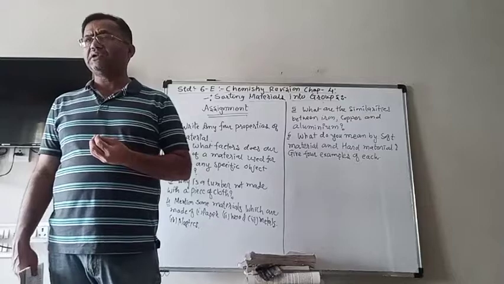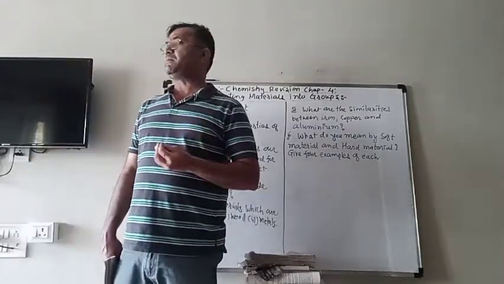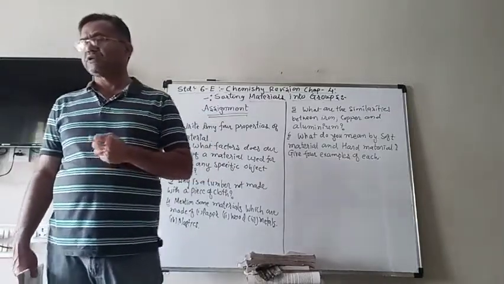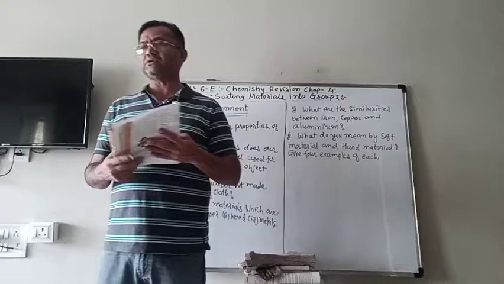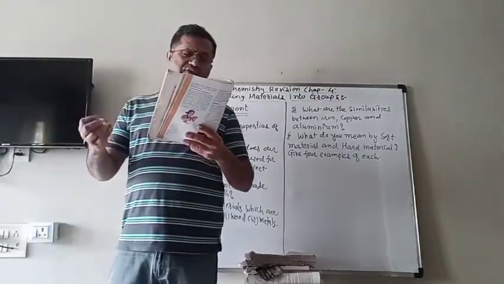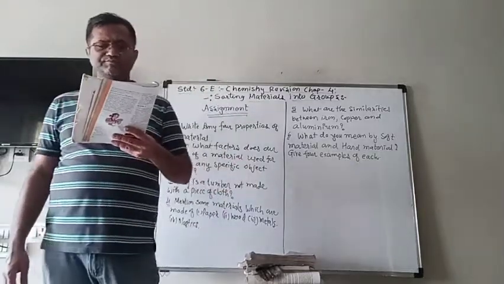For example, sponge, some rubber materials, some plastics, clothes, cotton, etc. Those materials are very soft compared to other materials.